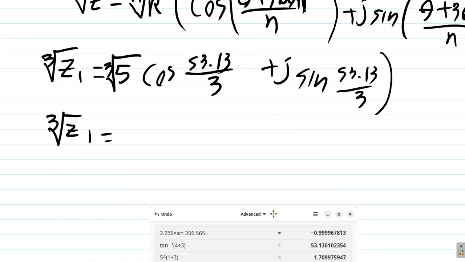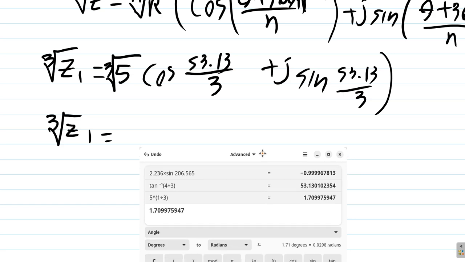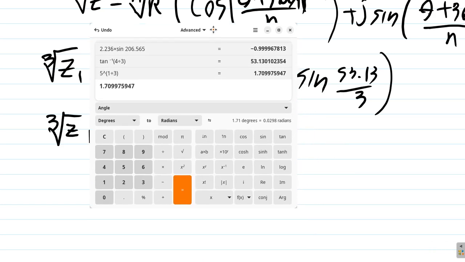And then 53.13 divided by 3 equals 17.71.